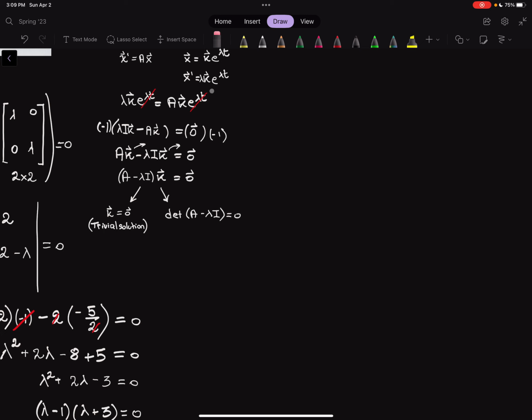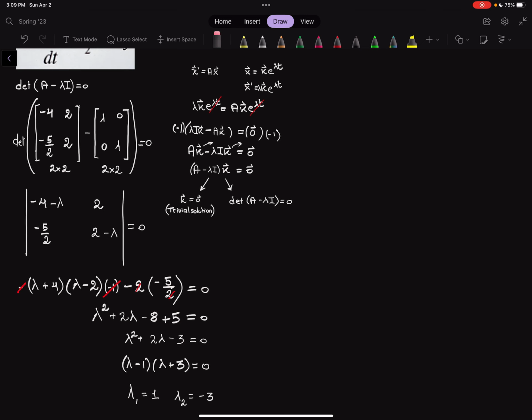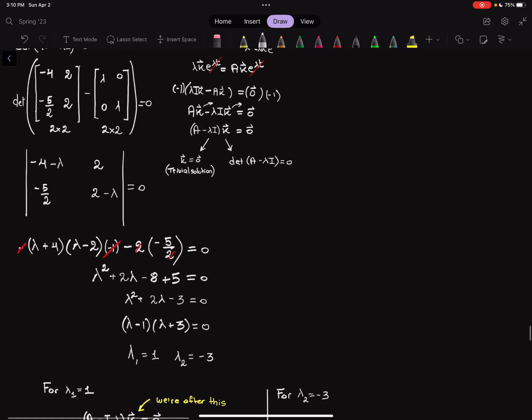Now, because we're saying, hey, if my lambda is lambda 1, then my k is related to it once I plug it back into this equation. And so we have to relate each lambda with its own k.